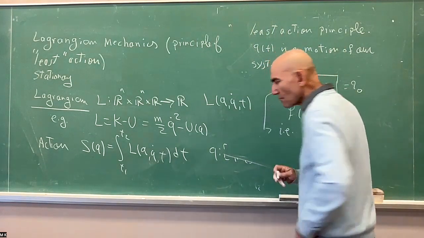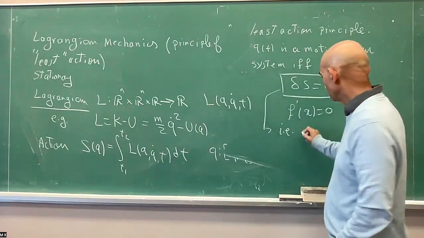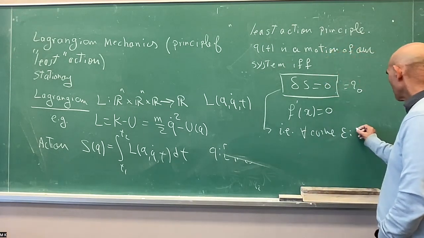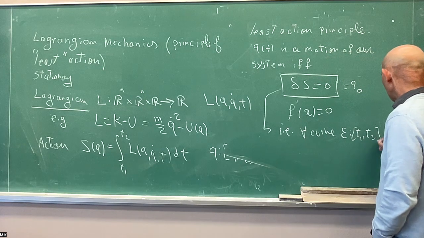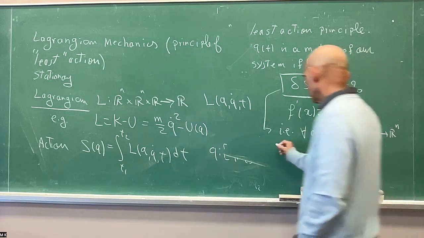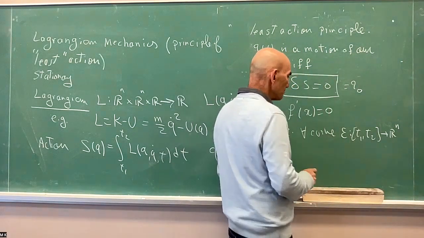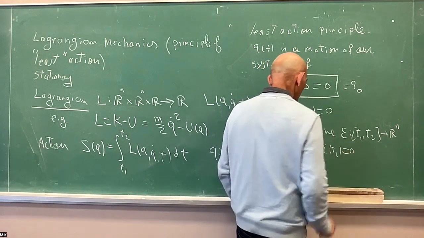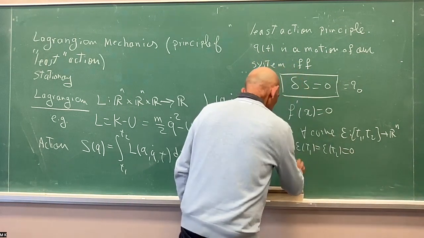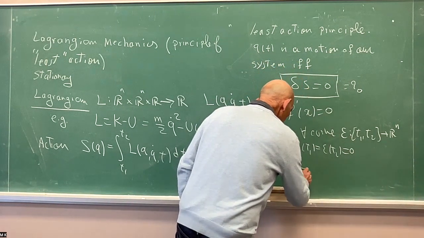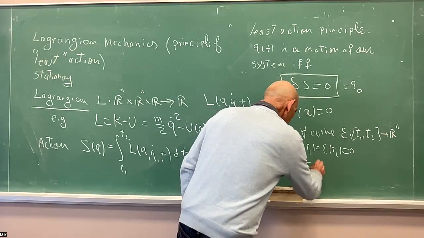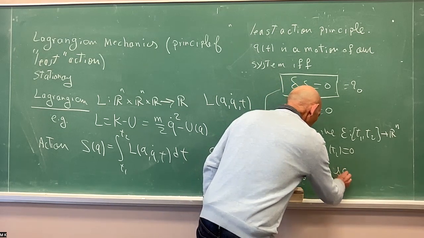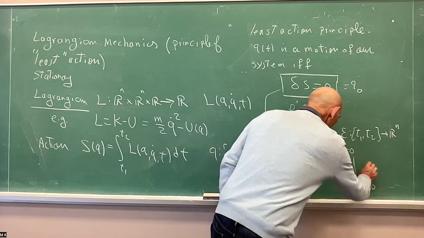I.e., for any curve epsilon from T1, T2 to Rn, such that epsilon(T1) equals epsilon(T2) equals 0, the derivative d/ds of S of (q plus s epsilon) at s equals 0 is equal to 0.